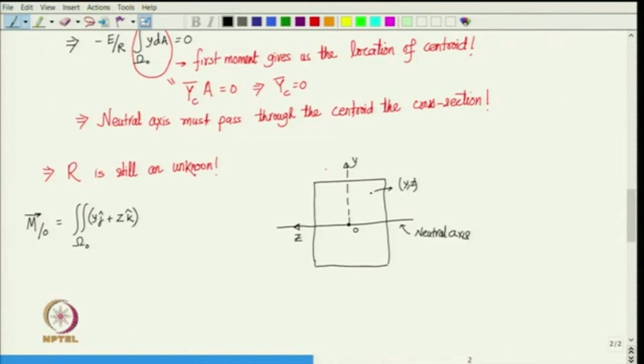So, that is the arm cross with the small force, right. So, that is the traction on x plane times d a. So, when we do this integration, we get the total moment about the origin of the cross section. So, let us work this out.